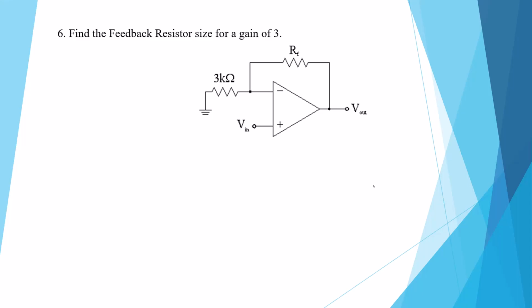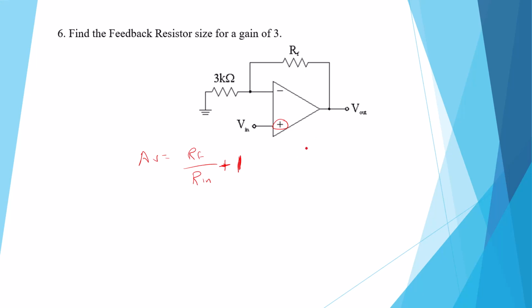Here we have a non-inverting op-amp. Because it's non-inverting, our formula is voltage gain equals RF over Rn plus 1.